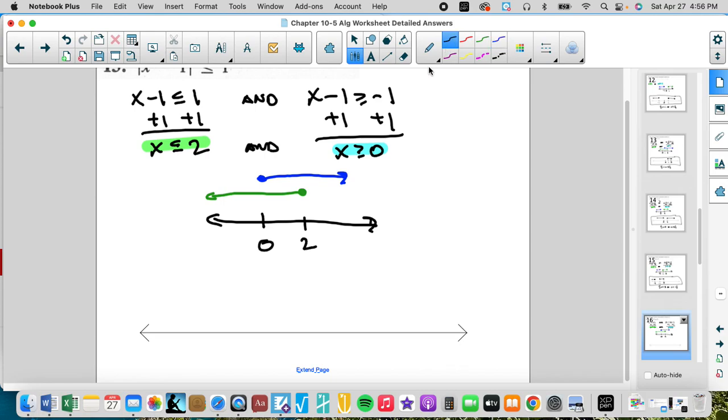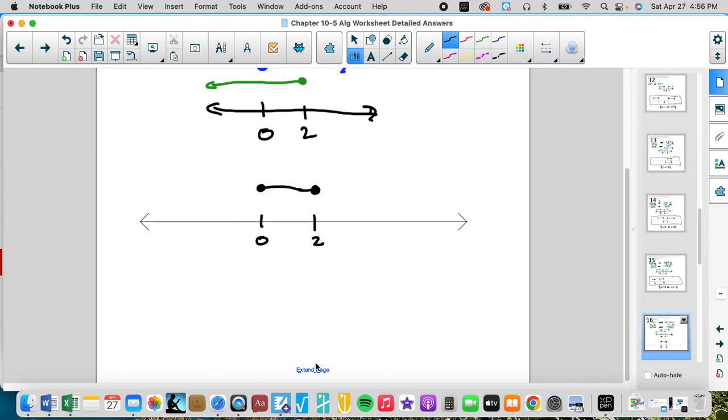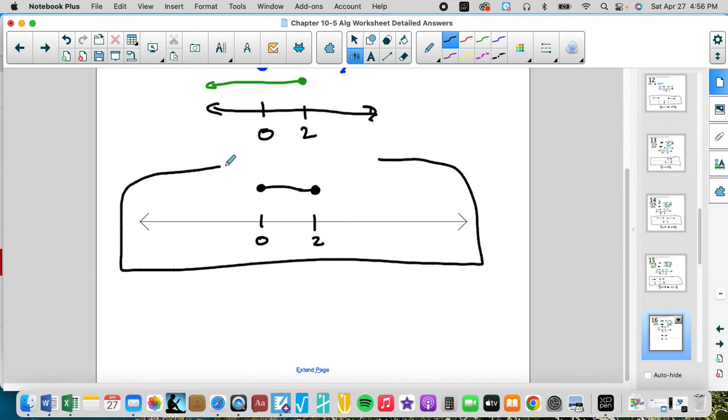So they intersect. Let's do 0, 2. That's a bad 0. Looks like a weird 6. It's going to be closed circle going here and closed circle. That's going to be my graph of my solutions. And if I had to write a sentence, I'm going to write 0 is less than or equal to x, which is less than or equal to 2.